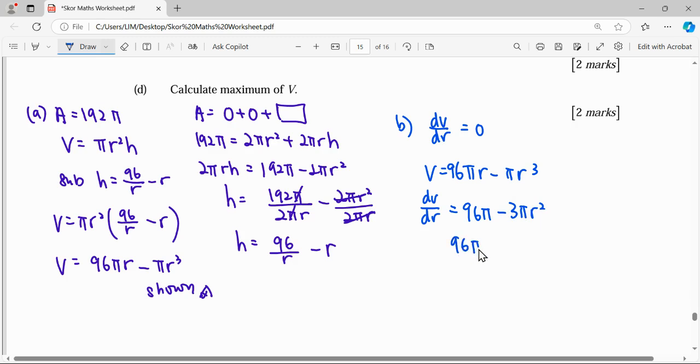And this one we let be 0 so that it is stationary, meaning it is critical.